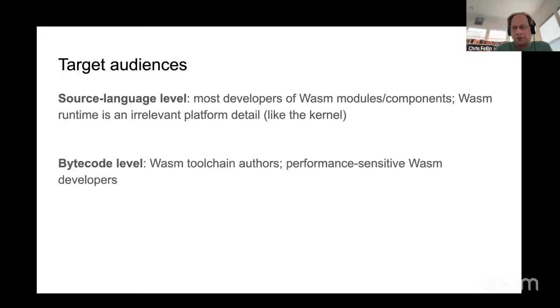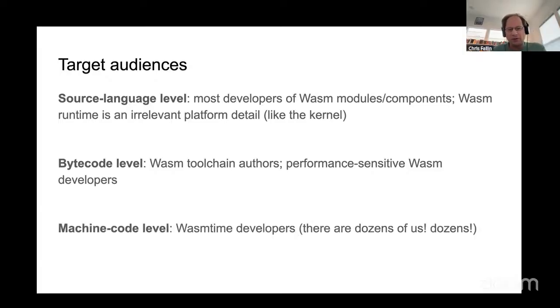Debugging at the bytecode level and actually single stepping through individual Wasm instructions would be pretty cool for people who are building Wasm toolchains, right? So if you're writing a new compiler that targets Wasm, this might be useful for debugging your compiler's output. Also performance-sensitive Wasm developers, right? So you might want to see the Wasm bytecode and what it's doing in the same way that performance-sensitive software engineers look at disassemblies of native code today.